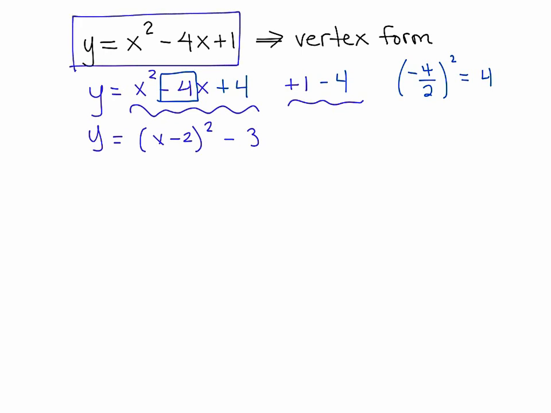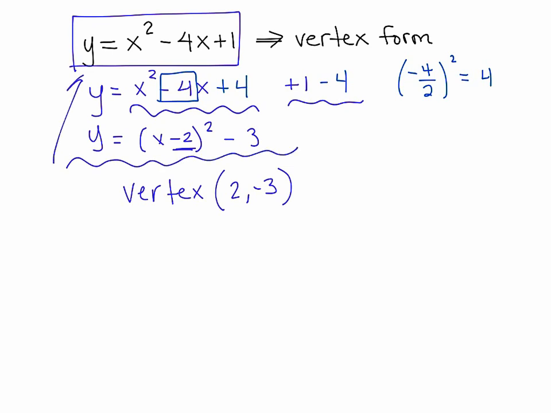Where is the vertex? Vertex is at, negate this answer, so positive 2 and negative 3. You may FOIL this back to see if you get the original equation to check your answer.